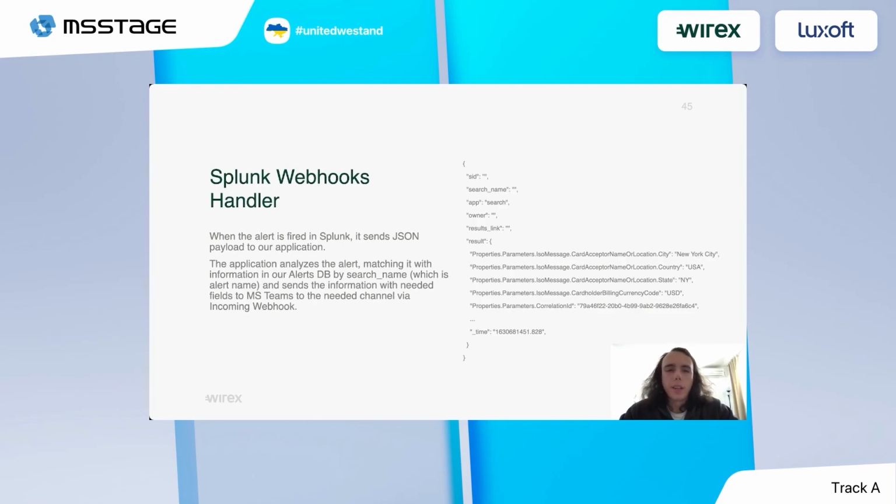When the alert is fired in Splunk, it sends a JSON payload to our application. The application analyzes the alert, matching it with information in our alerts database by a particular field, which contains the alert name, and sends the information with needed fields to Microsoft Teams, to the needed channel, by incoming webhook, which actually can be set up in Microsoft Teams for every channel you have.